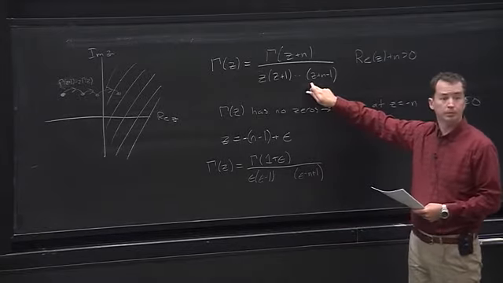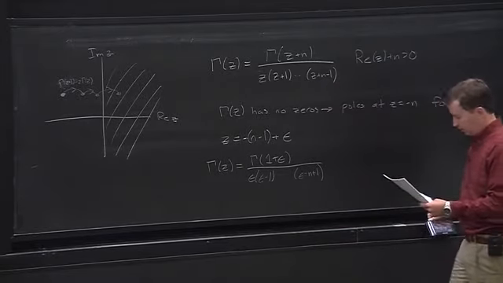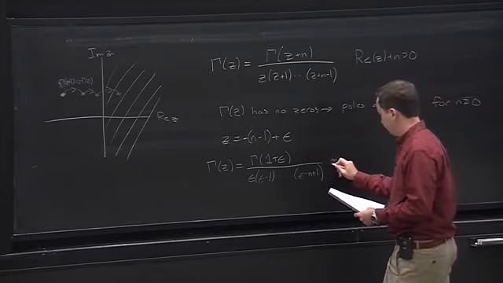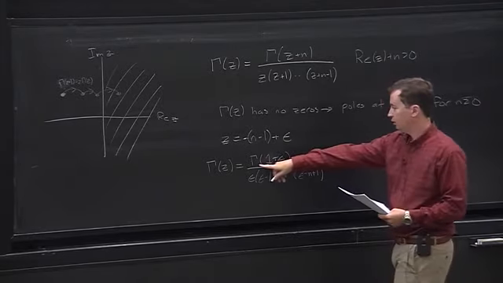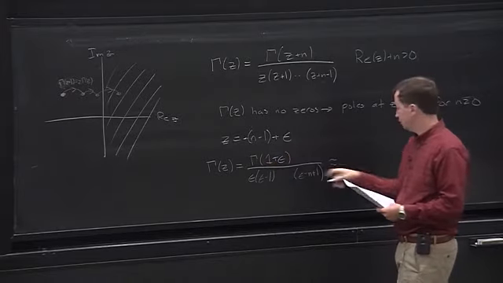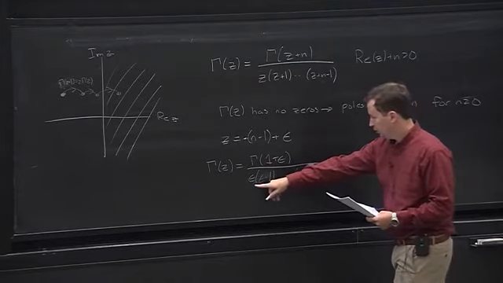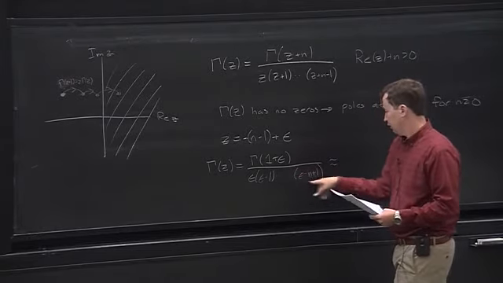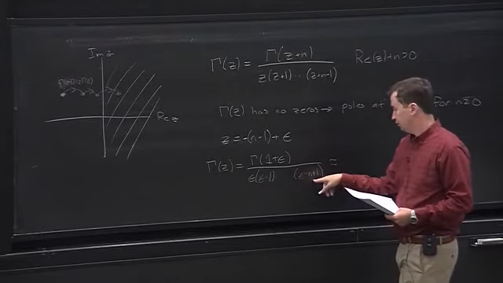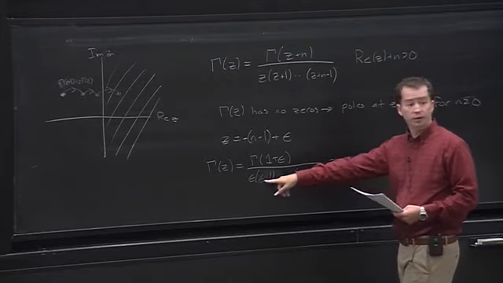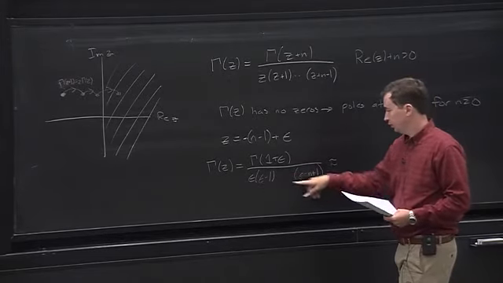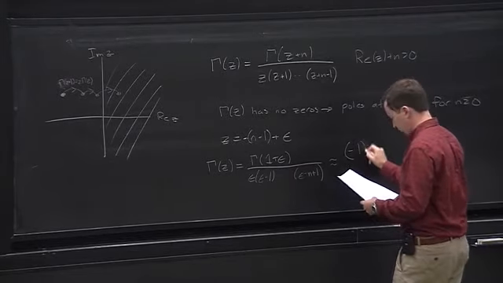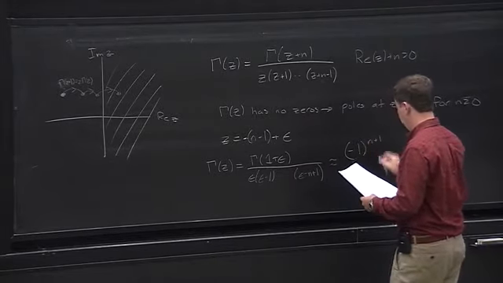Plugging this in here, and for epsilon small, this is approximately gamma of 1, which is 1. N plus 1 of these factors will be negative on basically everything except for this first one. So we get a minus 1 to the n plus 1.